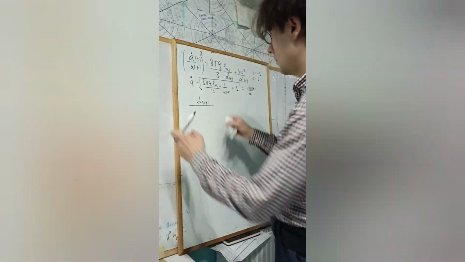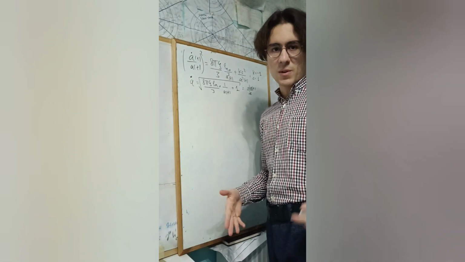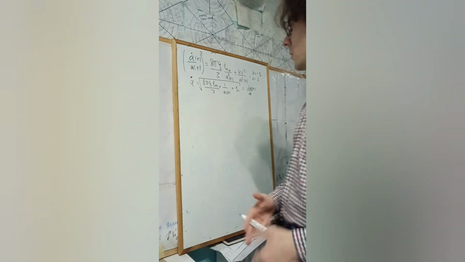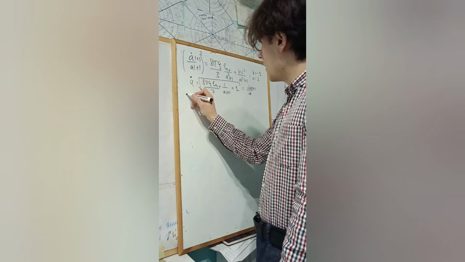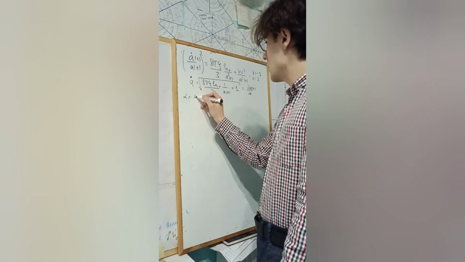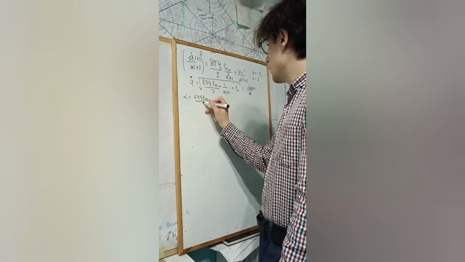Before we continue, let me introduce our constant here. The same procedure holds as we did in the previous videos for the closed universe. I call alpha the constant 4 pi G rho m naught divided by 3.